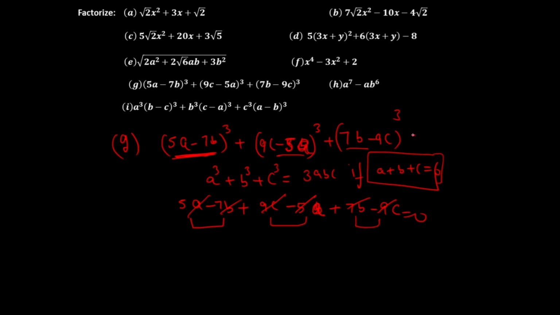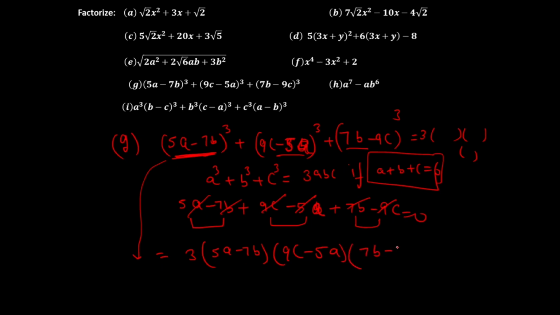It means this whole will be equal to 3 times this first one, then times this whole thing, and then this third one. Means the final answer will be equal to 3 times a times b then times c. That is the final answer.